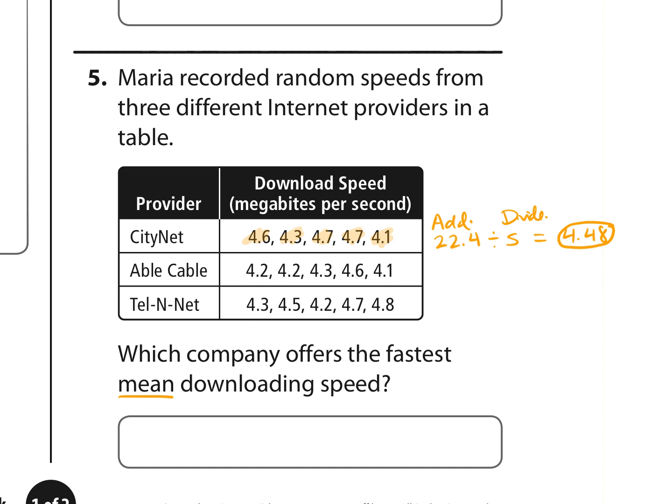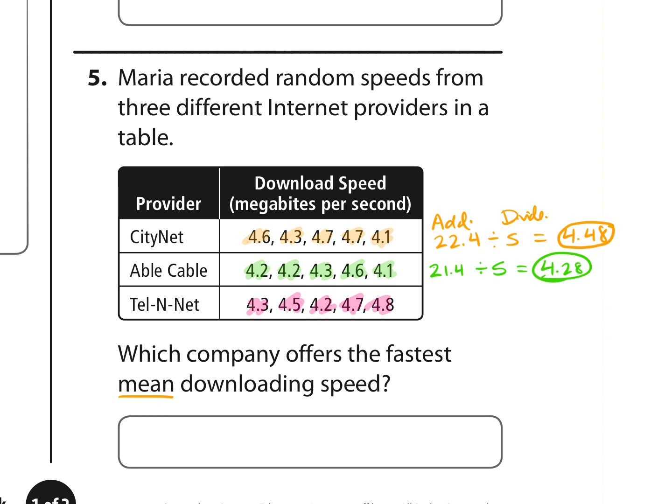Able Cable, 4.2 plus 4.2 plus 4.3 plus 4.6 plus 4.1. The result when we add is 21.4. And we'll divide by the 5 numbers to get 4.28. And then our last one, Telenet, 4.3, 4.5, 4.2, 4.7, 4.8.